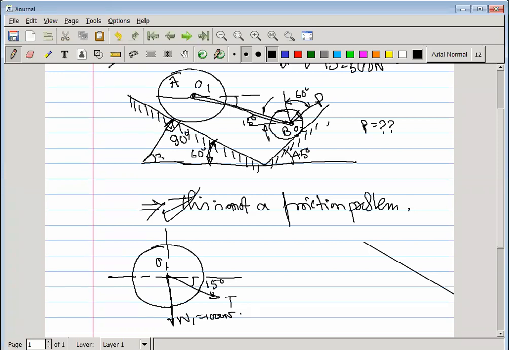So this angle is 30 degree from the triangle, because the summation of all angles of any triangle is 180. So this is obviously 30 degree. If we extend this one, you can find this angle also 30 degree by similarity. So we can draw this angle which is 30 degree.